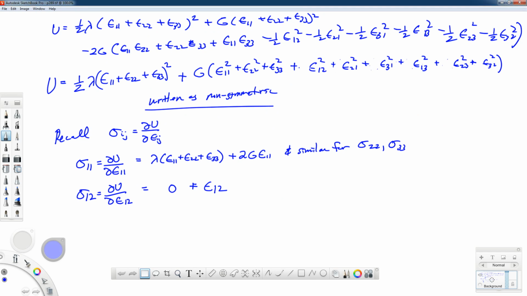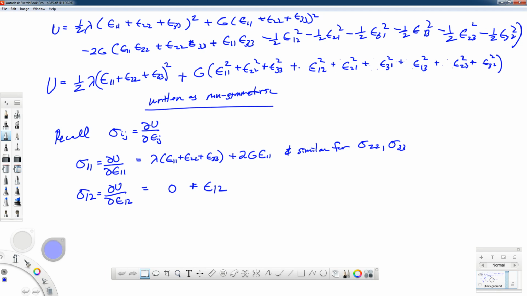And in terms of coordinate strains, we have our expression for u with the g and the minus 2g. Again, I'm leaving this as a non-symmetric expression.